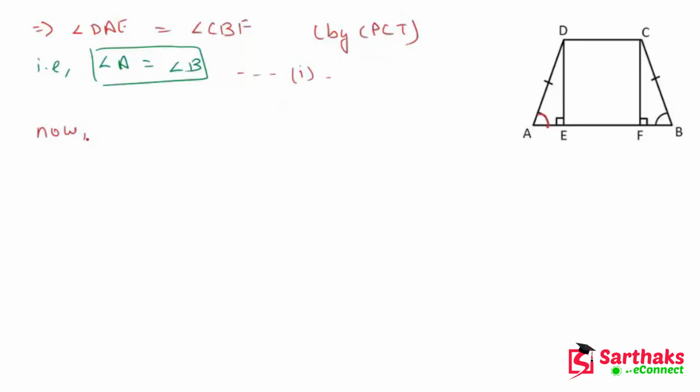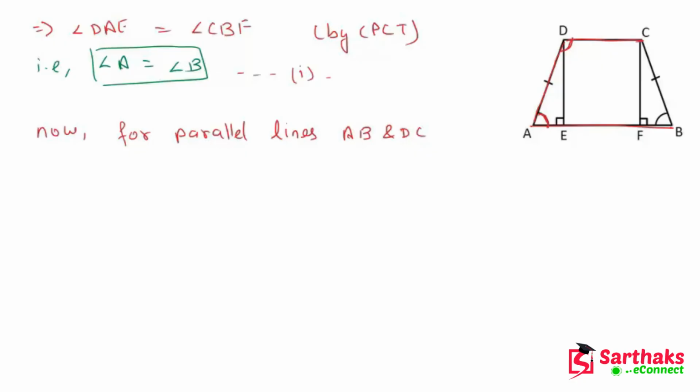Now for parallel lines AB and DC with transversal AD, we can say that angle A plus angle D is what? 180 degrees, because interior angles on the same side of the transversal are supplementary.